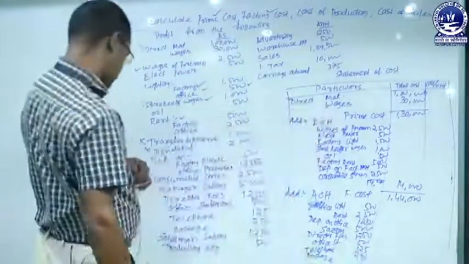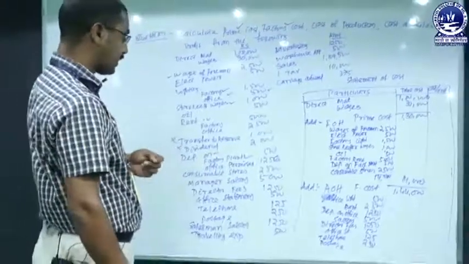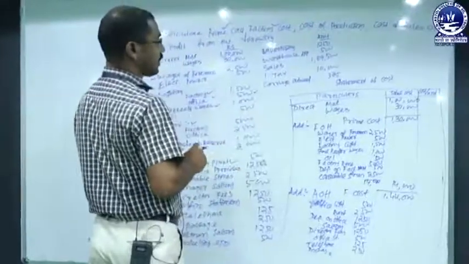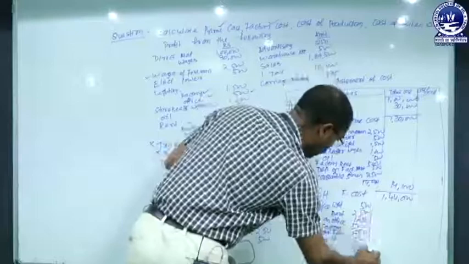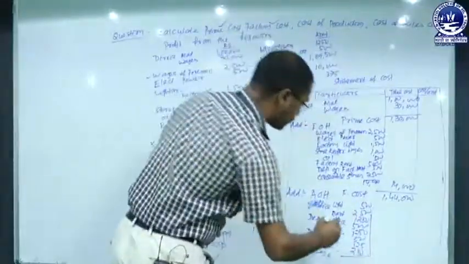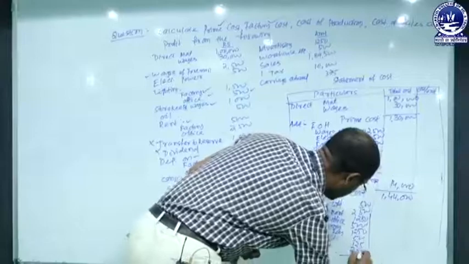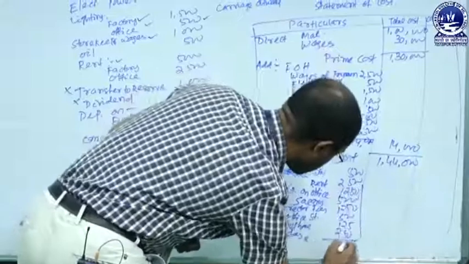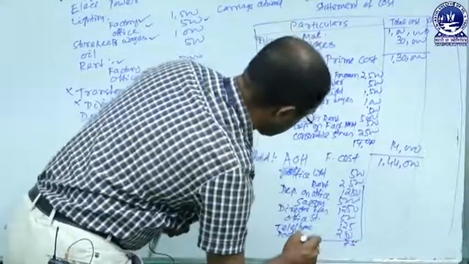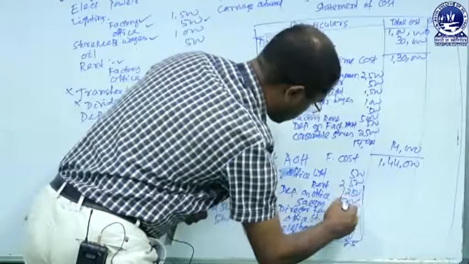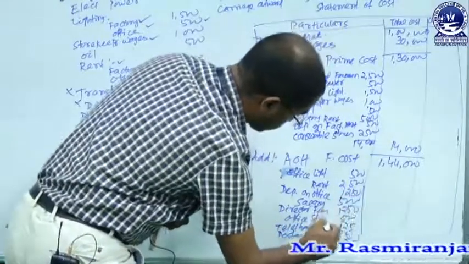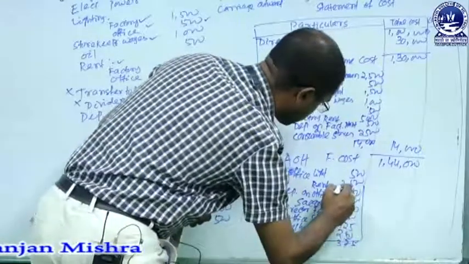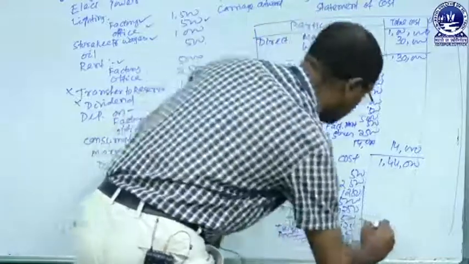Then salesman, that is selling overhead. Traveling expenses also selling and distribution. Advertising also there. Warehouse expenses also there. So there are no other items under office overhead. The total amount of office overhead is 11,375.